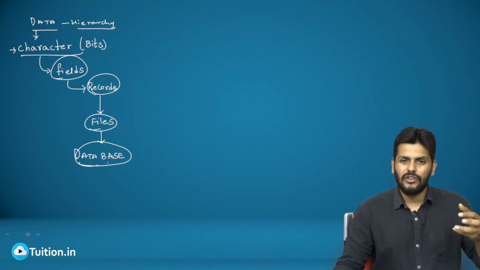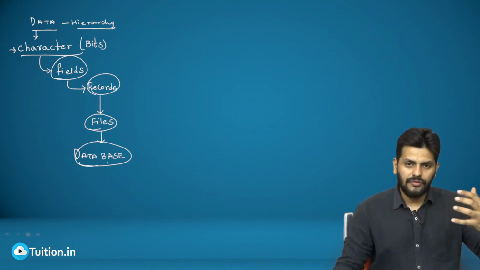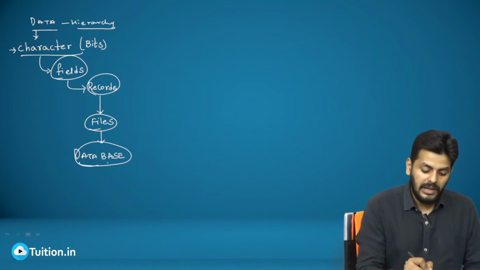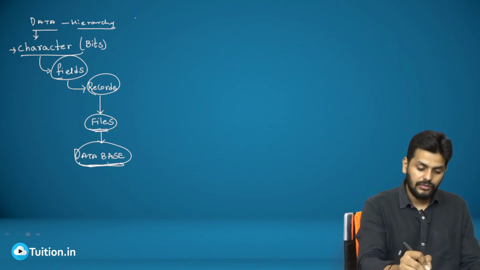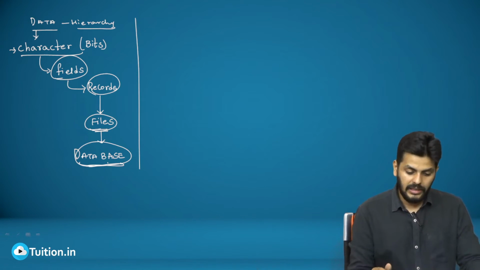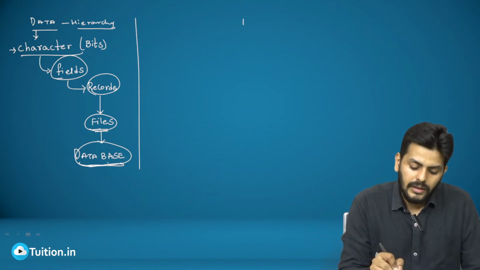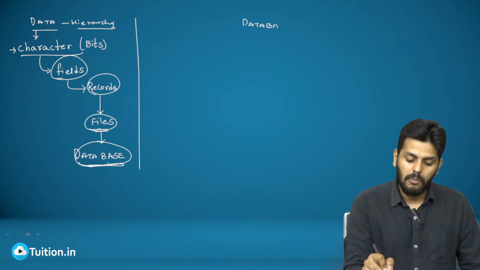Letters, numbers, spaces, punctuation marks, everything turns out to be a character. A bunch of characters make fields. Fields together make records. Records together make files. And files together make a database. This is the data storage hierarchy or the data hierarchy. Then let's talk about the point that I told you in the previous one. Database models.